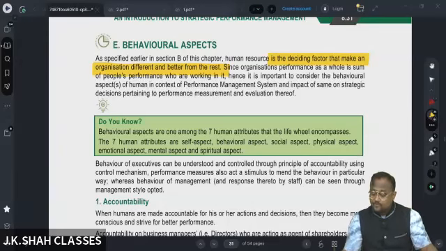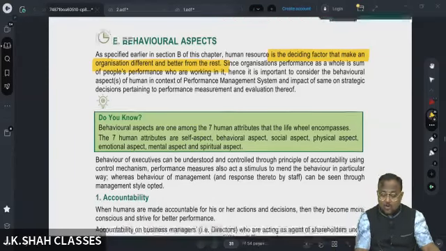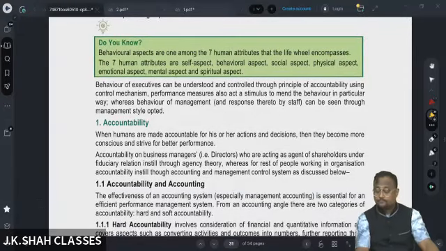Since an organization's performance as a whole is the sum of the performance of the people working in it, it is important to consider the behavioral aspect of humans in the performance management system and its impact on strategic decisions pertaining to performance measurement and evaluation thereof. How humans are evaluated.